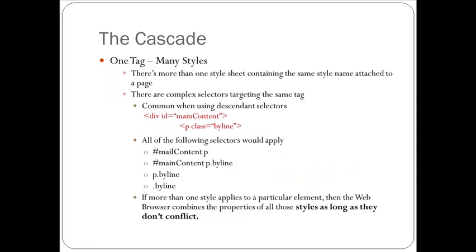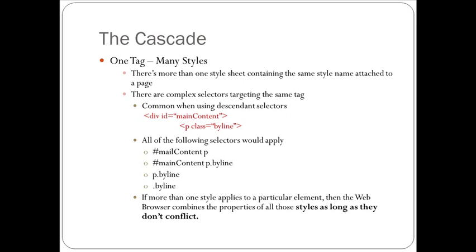We've already had a homework or an assignment where you linked two different external style sheets. So that happens in the real world as well, and those style sheets could contain the same rule with the same declaration in it. There are also complex selectors targeting the same name.